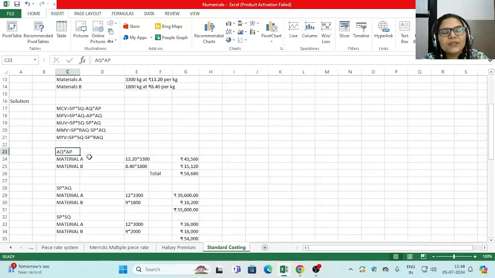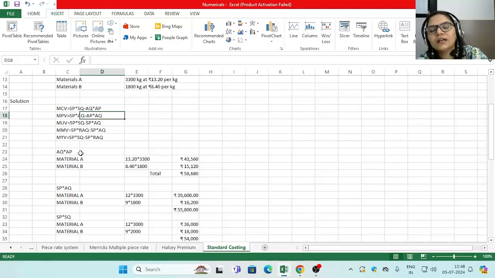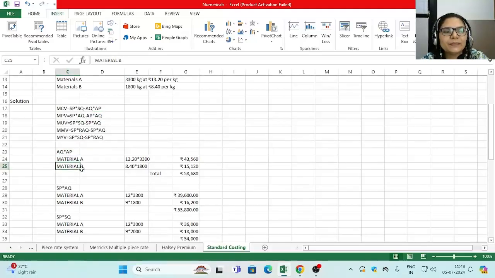First of all, we see AQ into AP. AQ into AP will be utilized in material price variance formula, in material cost variance formula. It will be utilized in both the formulas. So if you calculate it, your half job will be done. So AQ into AP, we will calculate for material A and material B separately.